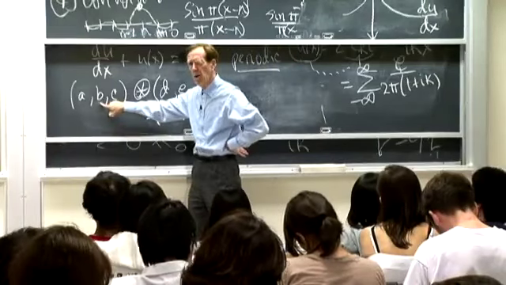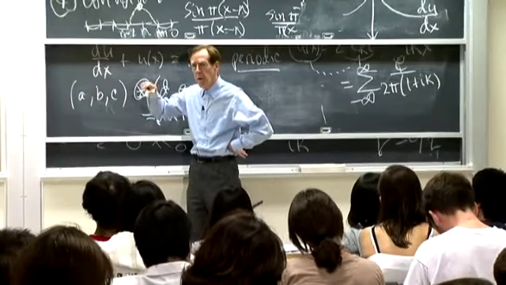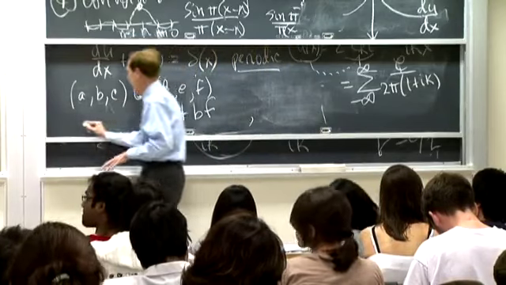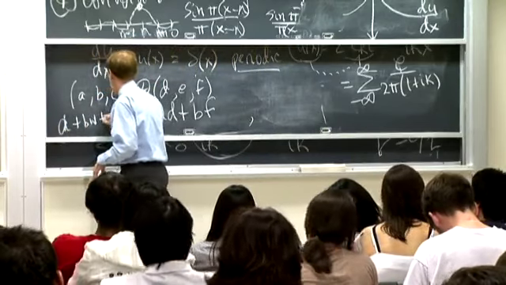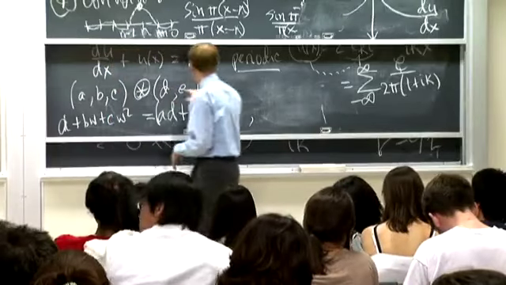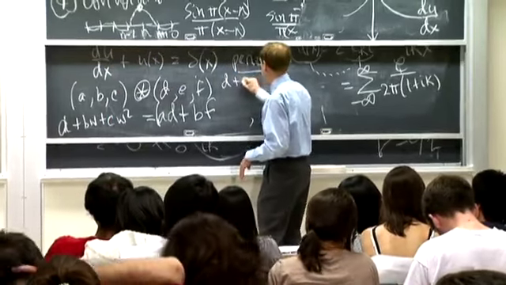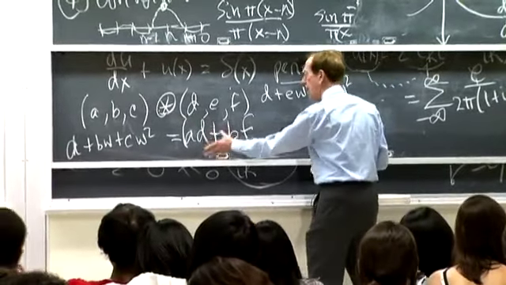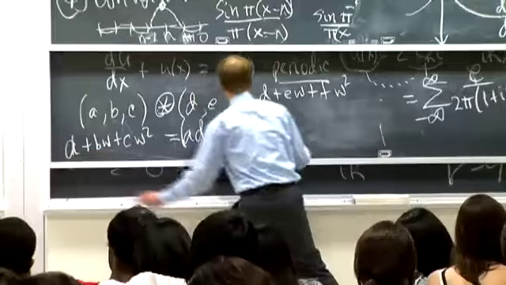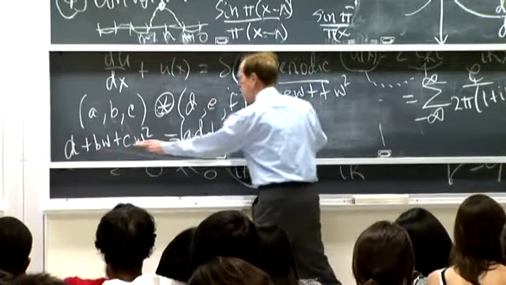Because B is the coefficient of W. If I'm thinking polynomials, this is A plus BW plus CW squared, and this corresponds to D plus EW plus FW squared, and I'm looking for the constant. So A times D gives me a constant.